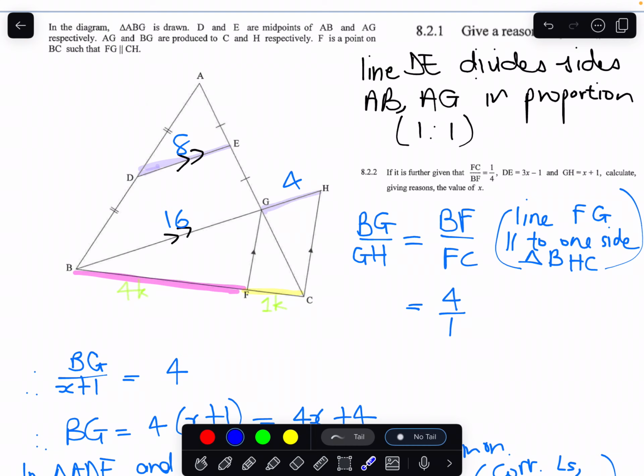Oh, hectic. Okay, so for the first one, you could have said midpoint theorem. I don't know what the midpoint theorem says, so let's look that up. The midpoint theorem states that the line segment joining the midpoints of any two sides of a triangle is parallel to the third side and equal to half of the length of the third side.